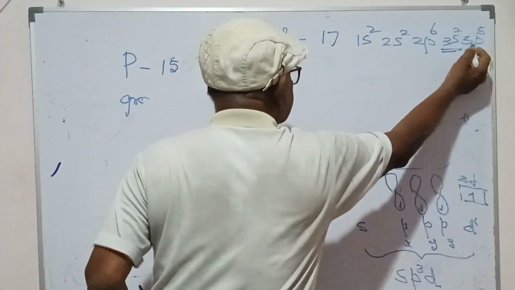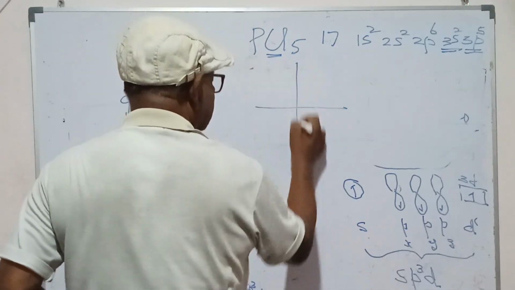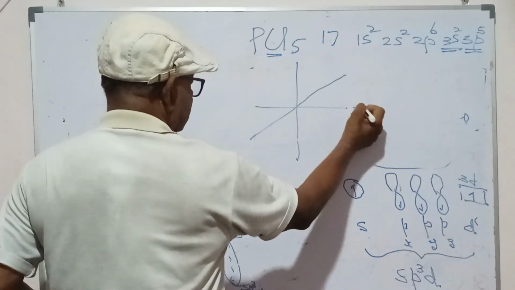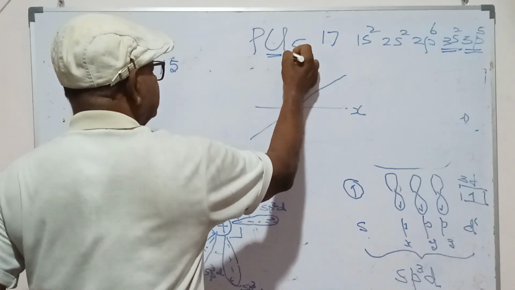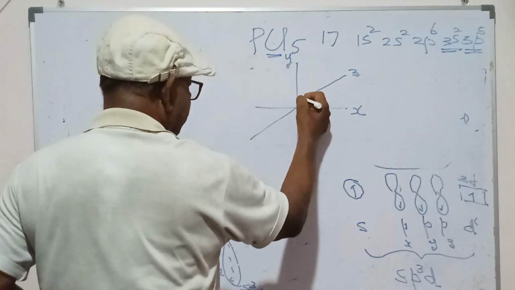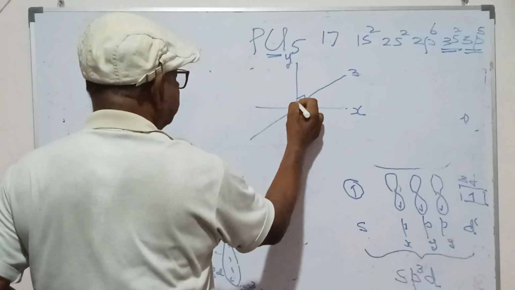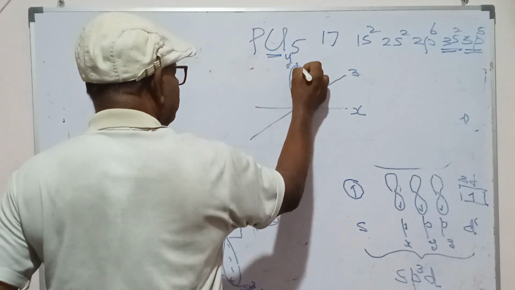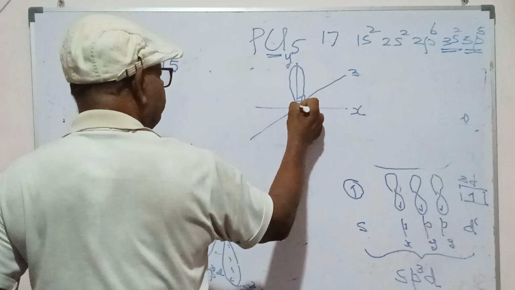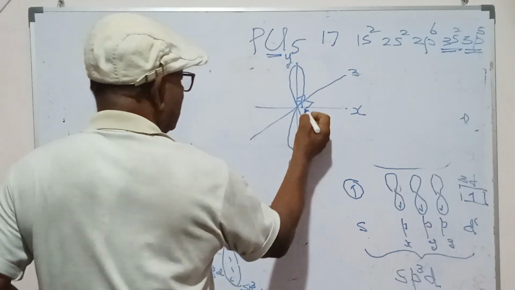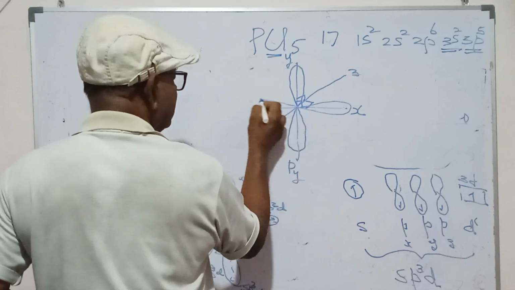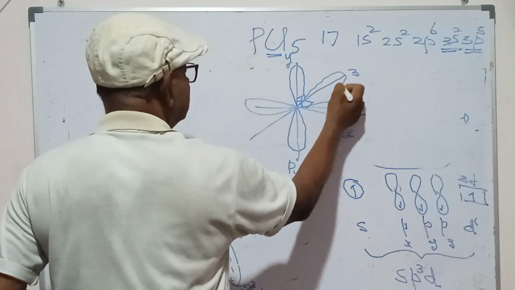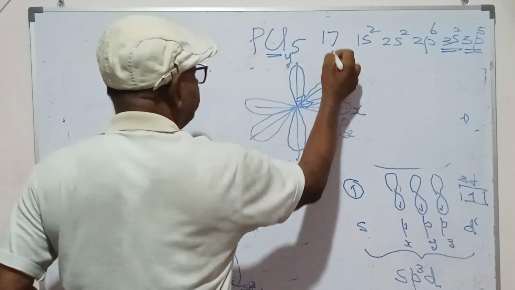So the 3p, you know that it is three-dimensional, x axis, y axis and z axis, an arrangement like this. Along the y axis, py orbital. Along the x axis, px orbital. Along the z axis, pz orbital.